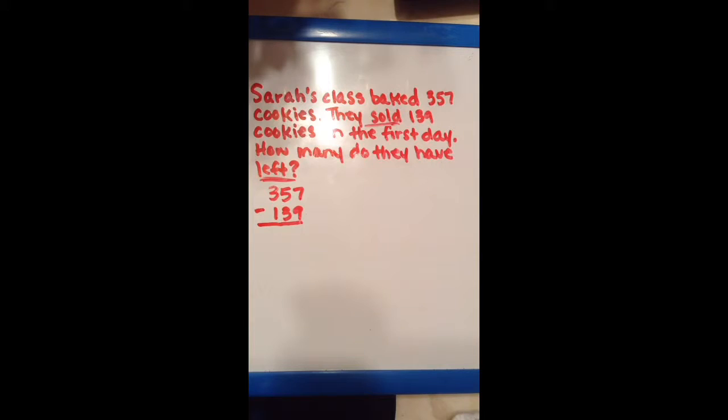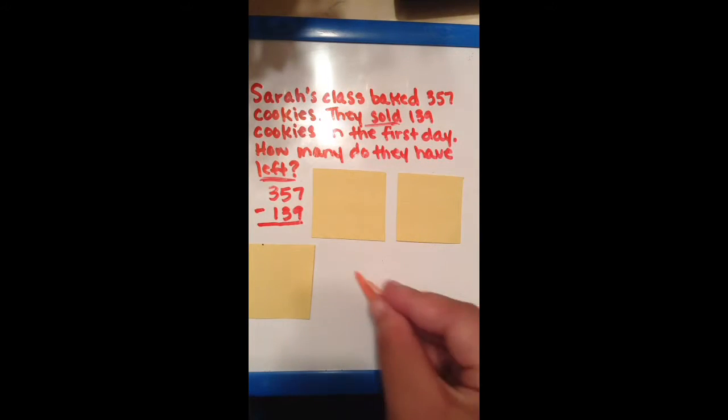First, we want to find out how many base 10 blocks we would need. And I made these little ones for our camera. In 357, we have 3 100s. We have 5 10s, because 50 is 5 10s.